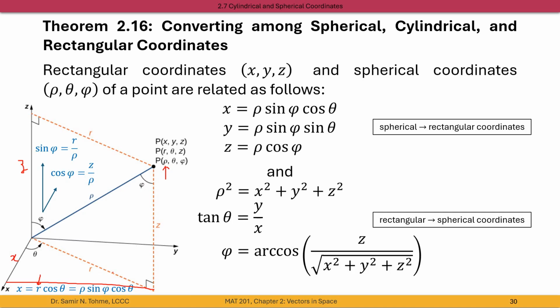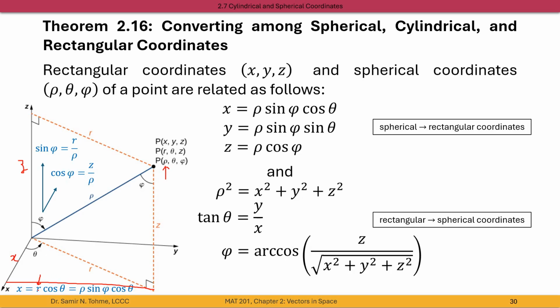So this side is r. Now, sine phi, the sine of this angle is opposite, which is r, divided by the hypotenuse, which is rho. Cross multiply, we write r is equal to rho times sine phi.